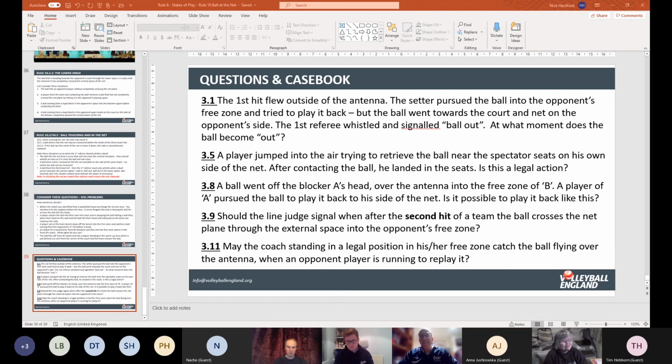And in that case, if the second referee has decided that the pancake was ball in and has whistled it, then if the captain came over and said, "Ref, really?" you would just say that the second referee is in a completely different position to see that than I am, and they're within their right, if they think the ball has contacted the court, to give that ball as ball in. Whether you believe it or not, you can have that chat in the changing room afterwards, or when you're having a cup of tea with them, about whether you think their call was right or not. But during the game, you show a united front. You're all one team, and therefore you support each other.